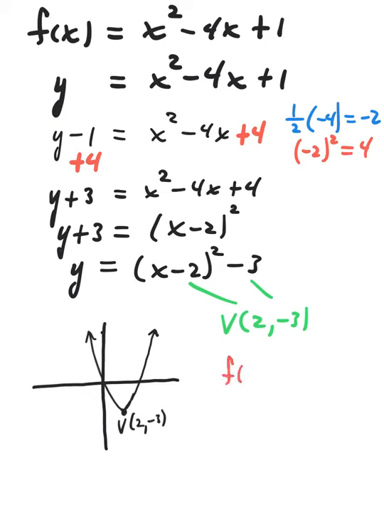If we calculate f of 0, that's going to give us 0 squared minus 4 times 0 plus 1. That all totals 1. So 0, 1 is our y-intercept.